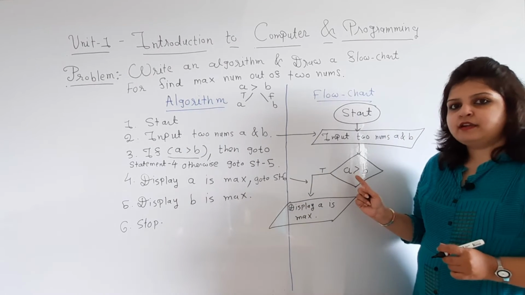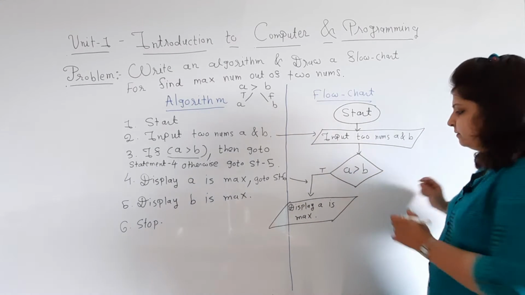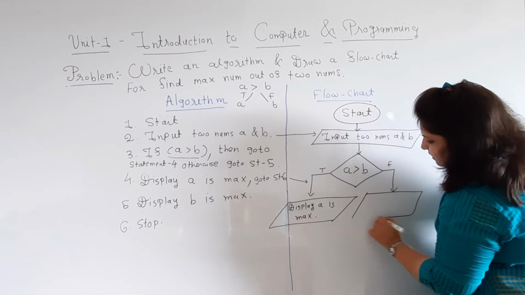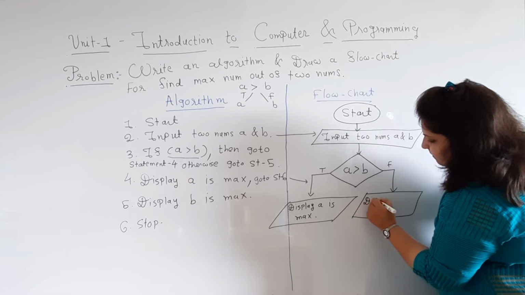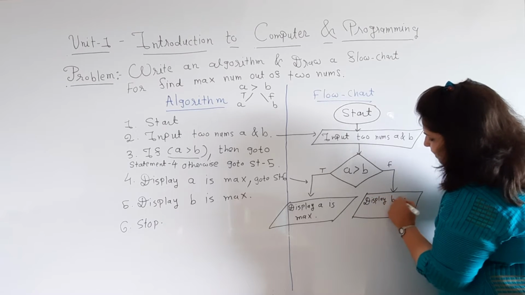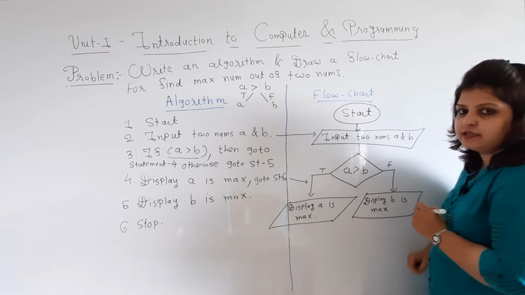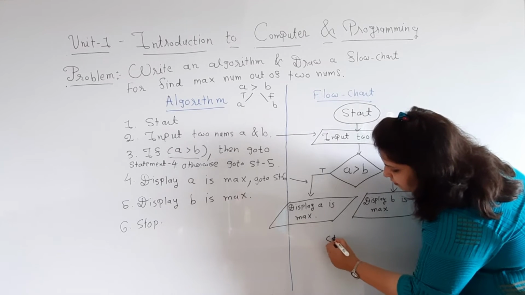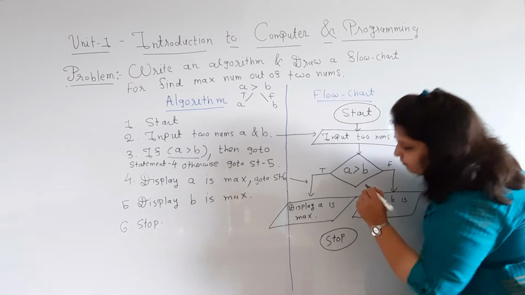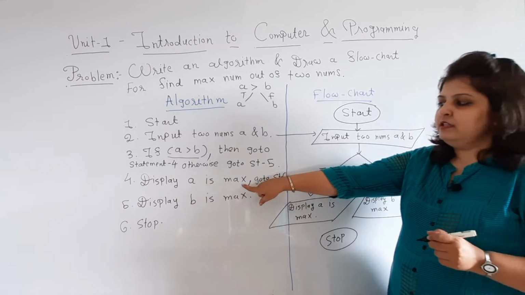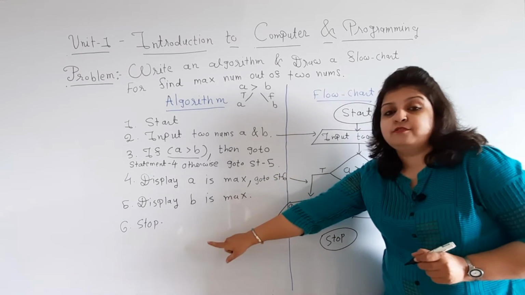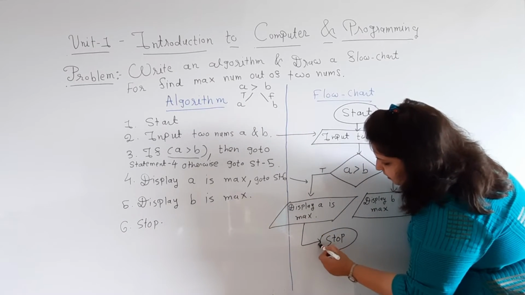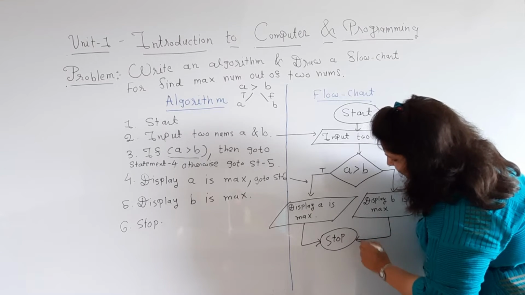And if this condition is false, then our second output is display B is max, and finally we have to write stop. But see here, after this statement number 4, our control goes directly to stop. So here we have to write like this, and same thing here.